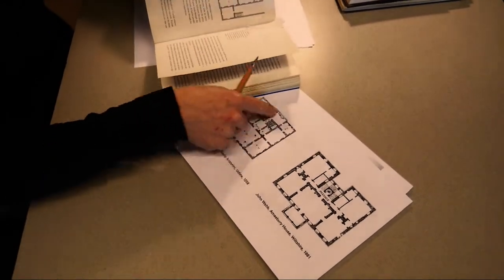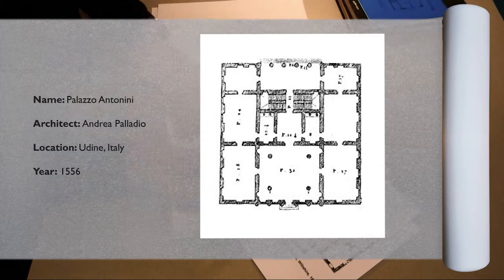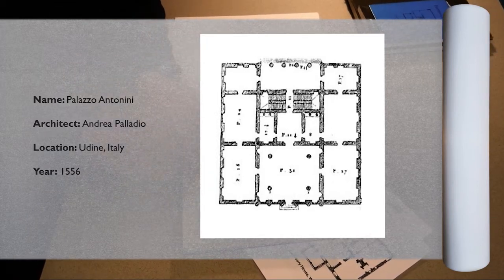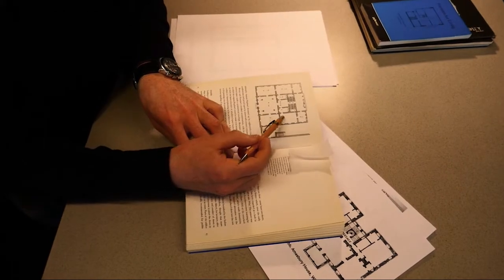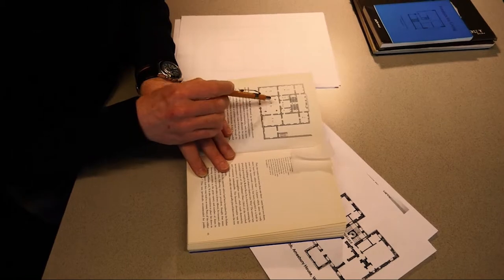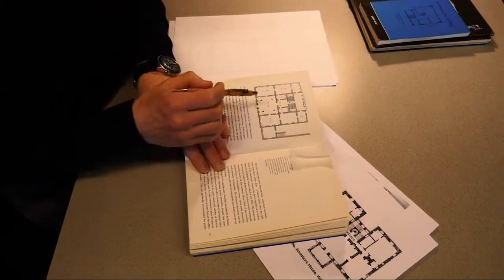So he starts with a floor plan by Palladio, of 1556, in which all rooms are directly connected. Each room has a direct connection to the next one.